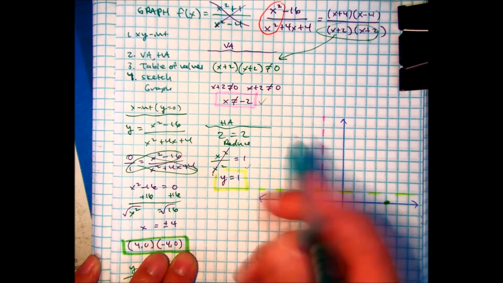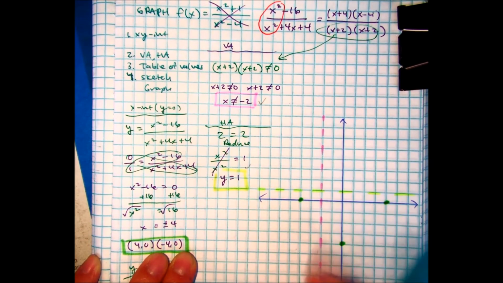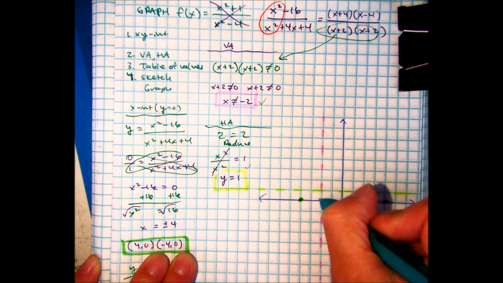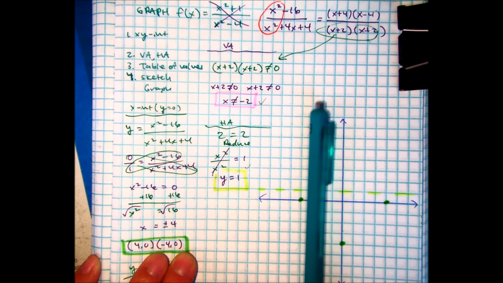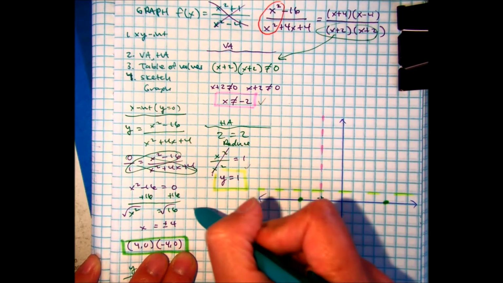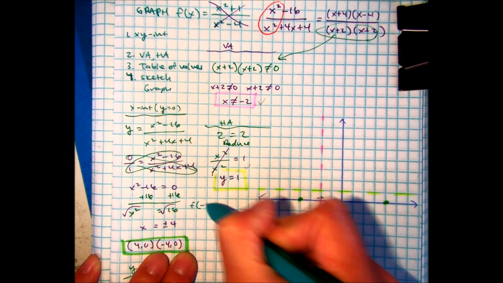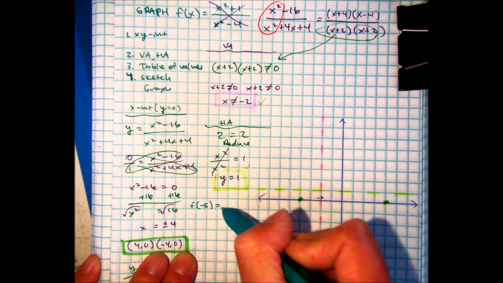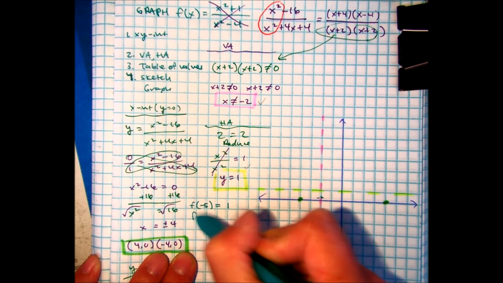What values to pick for our tables? Now here, this pink line is at -2. And basically what we want is a couple of values to the left. So Brooklyn, what values did you pick? -5. What did you get? I got 1. Keep going. -3.